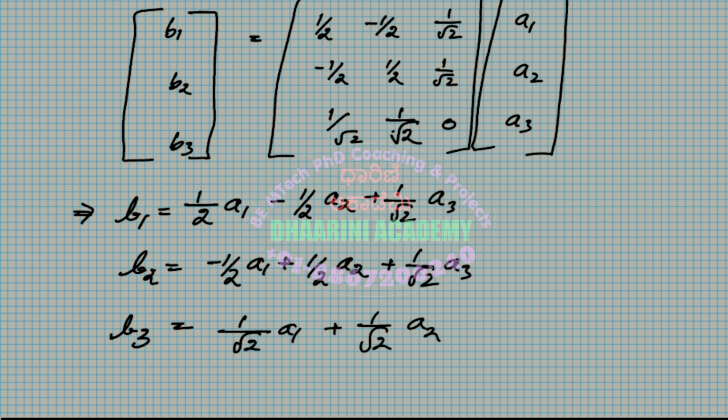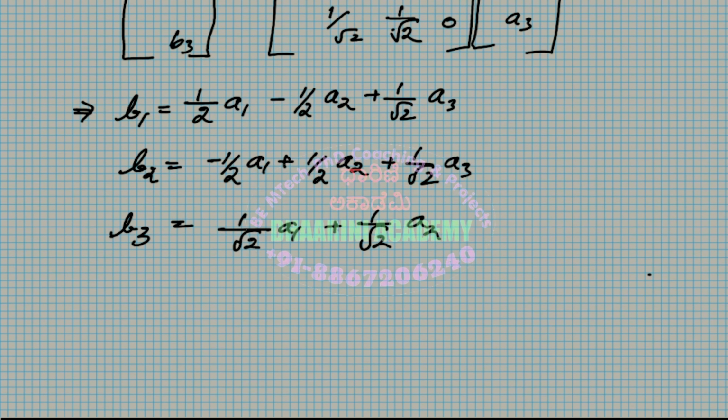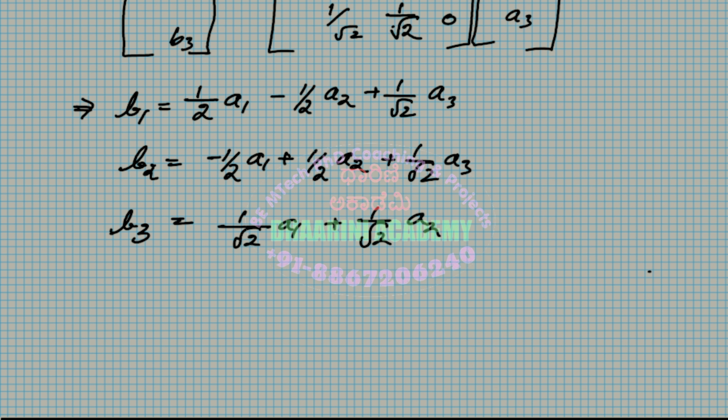Let's assume I'm not giving any input to the first port and the second port, and I'm giving the input only to the third. Let's try to analyze this in various situations. So let's use these equations for our analysis purpose.